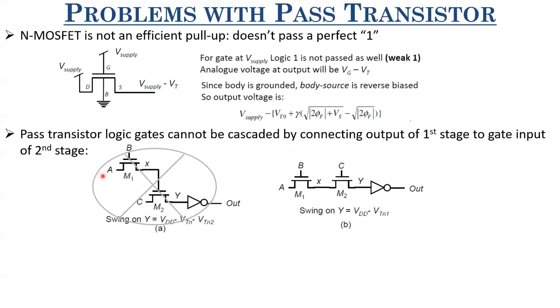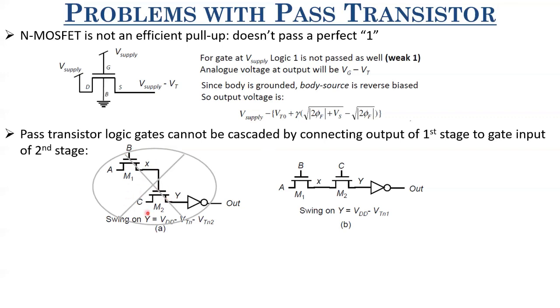Then what happens if A is 1 and B is 1? If B is equal to VDD, what would be node X? It would be the voltage applied on B, that is VDD minus the threshold voltage of M1. So this is VDD minus VTN1.